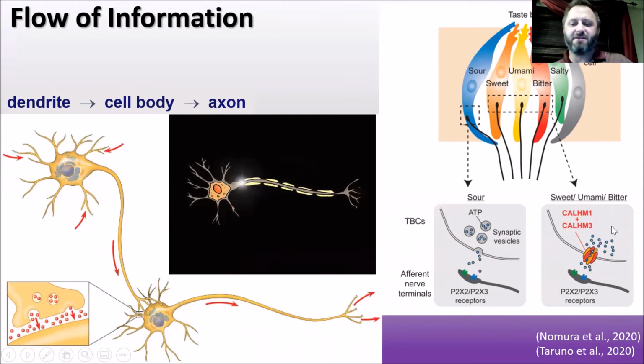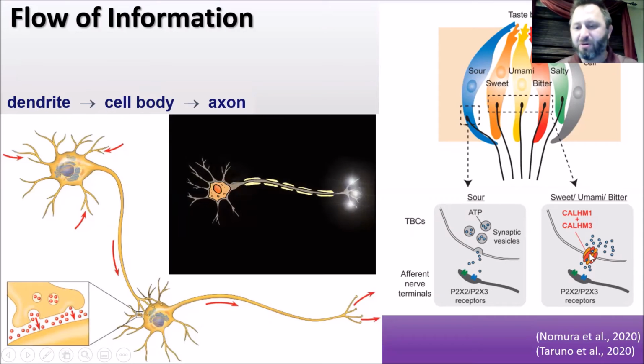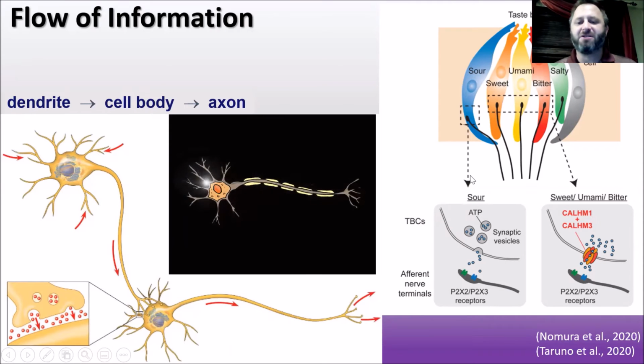This particular one is CALHM1 and CALHM3, where they're able to drive any of these molecules, these different flavors, across to connect to the receptors of the neuron, conducting as a neurotransmitter. So instead of functioning one way, there are essentially transmembrane proteins passing those messages through.